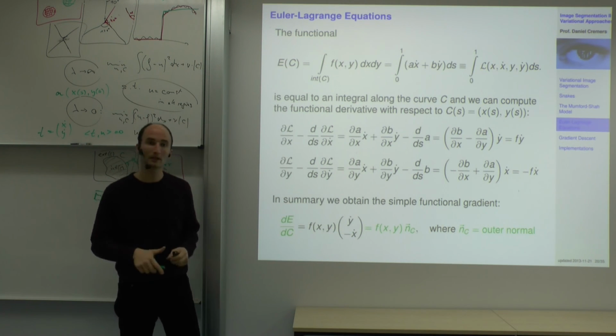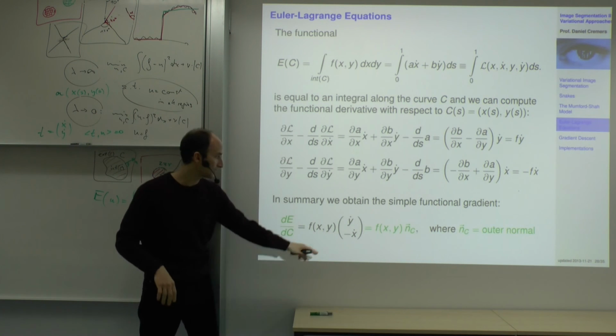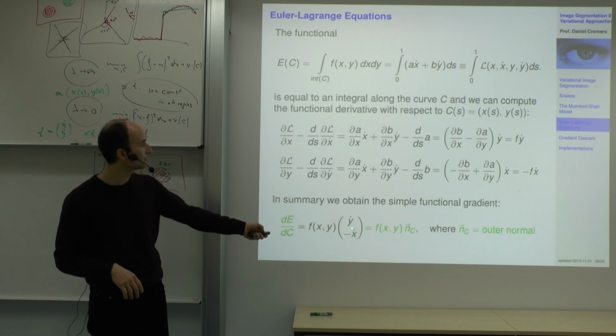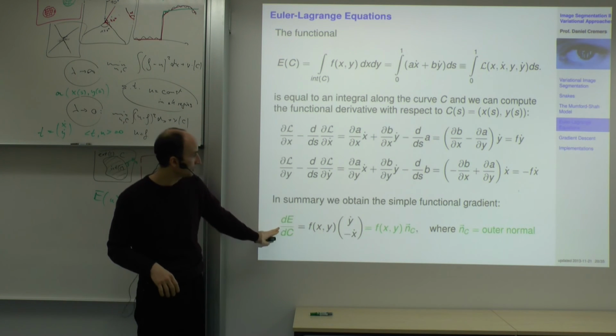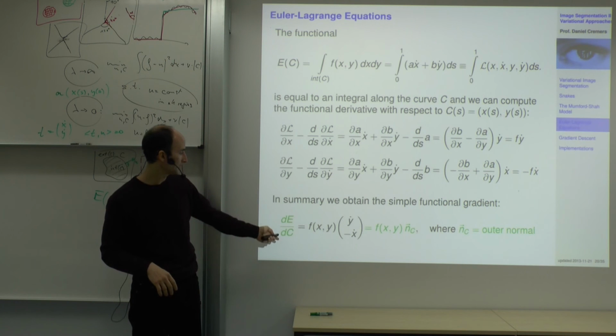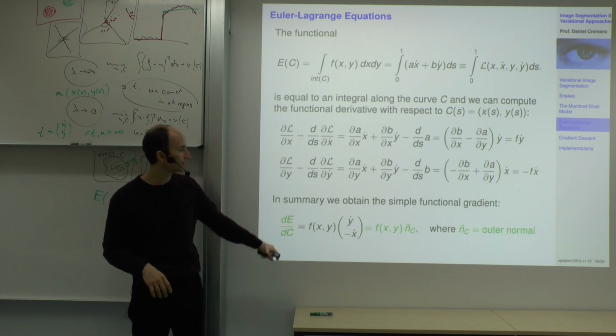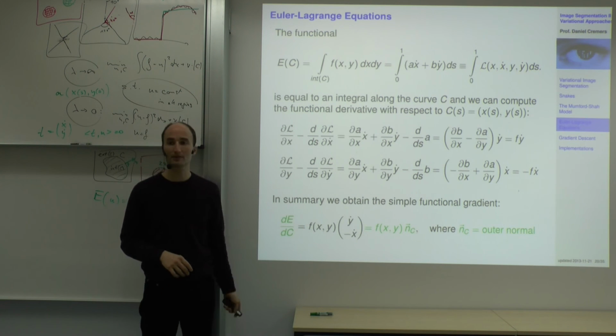So these are really orthogonal, and so that shows you that indeed this is the normal. Right, so we have the normal, and so the whole Euler-Lagrange functional gradient says the energy change with respect to the boundary C is nothing but f times the normal.